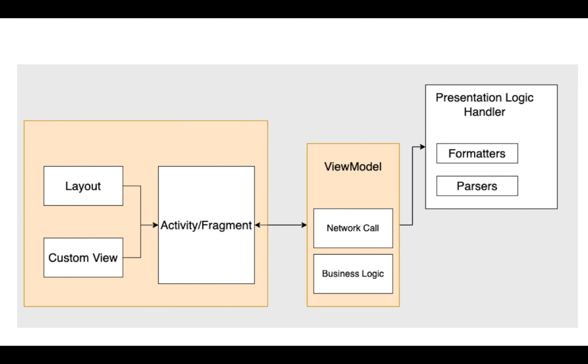Ideally, business logic or network calls are not meant for the ViewModel, it's not in the scope of a ViewModel. It's better if we can extract them, because my ViewModel is part of the presentation layer, and network calls or business logic are not part of the presentation layer.